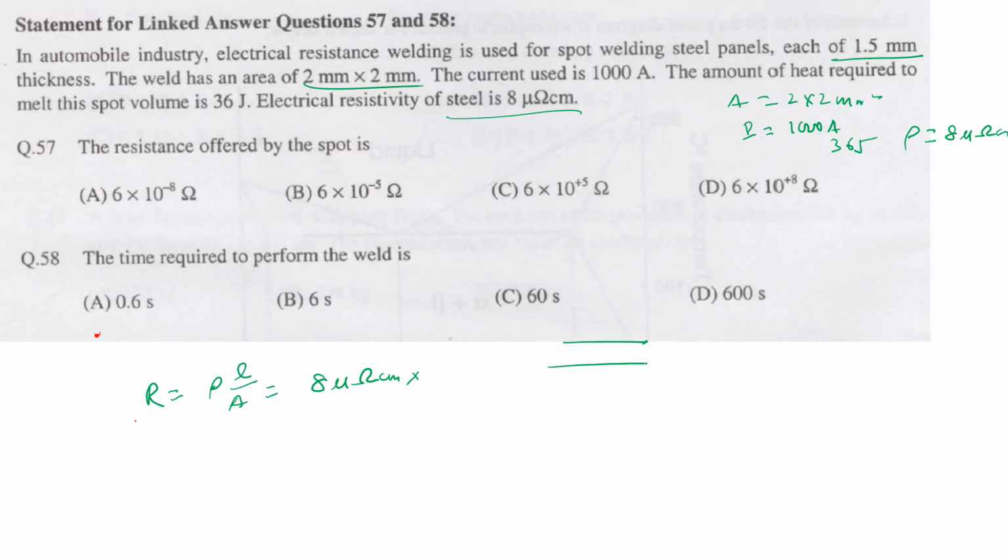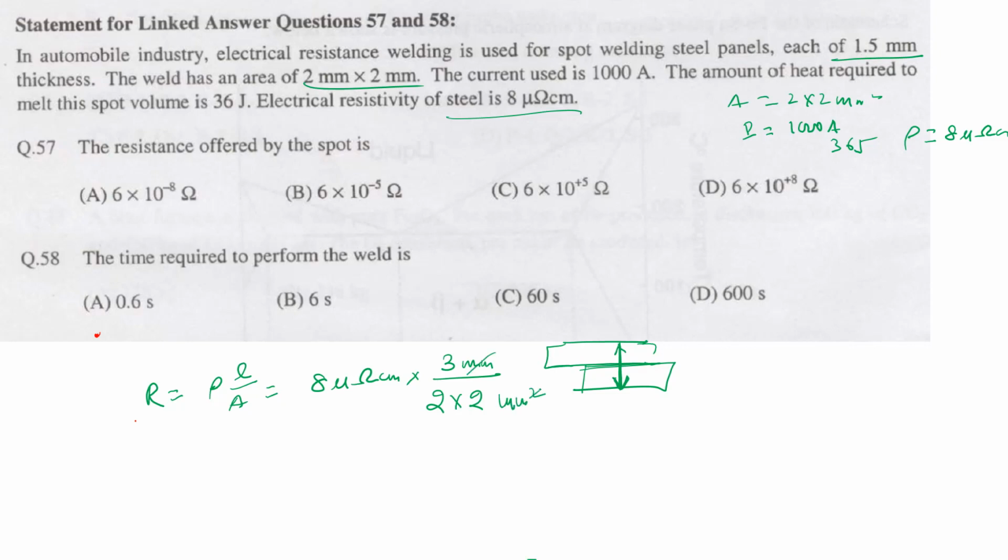When we have the sheets, each of 1.5 mm thickness, the length will be the length over which this conduction is happening, right? So length will be 1.5 into 2, that is 3 mm, divided by area. So area is 2 into 2 mm square.